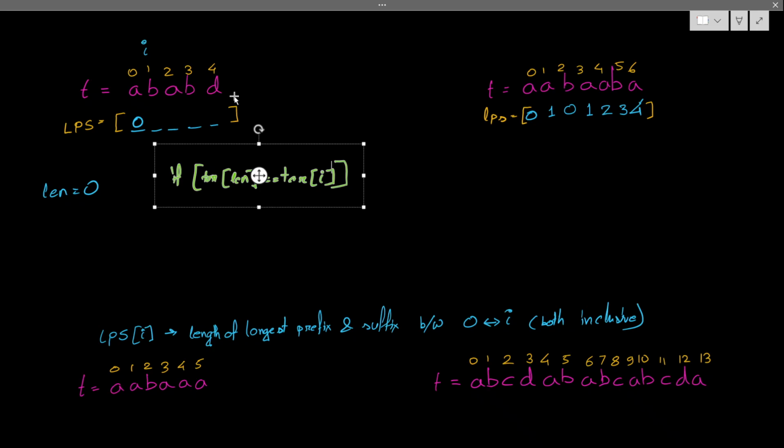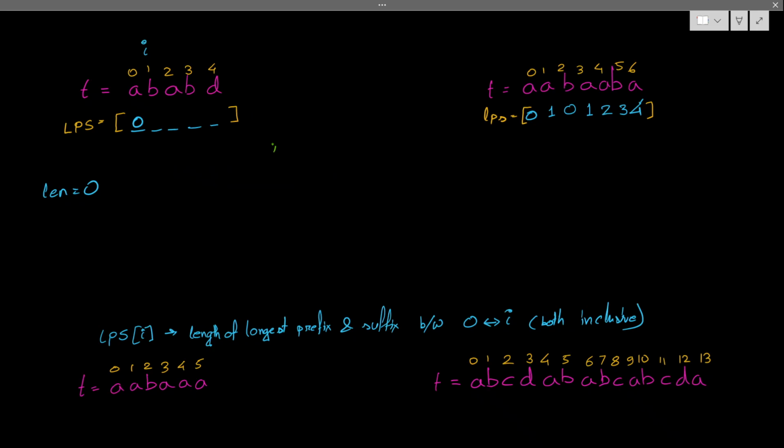If I am checking whether target of this length is equal to target of my current index I, if it is the case, I will do something, else, if it is not the case, I will do something else.